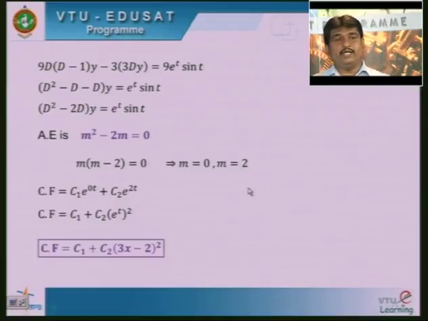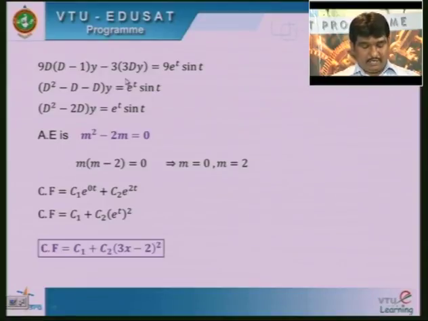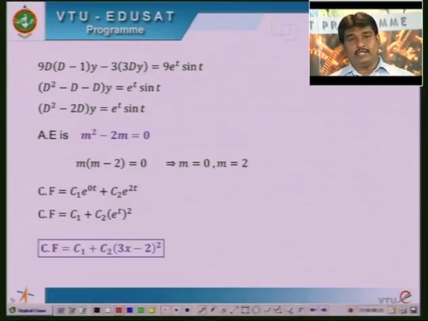It's 9D times (D minus 1) of y minus 3 times 3 Dy equals 9 e to the power of t sine t. This is the RHS part, sine of log of something got converted to sine t into 9 e to the power of t.